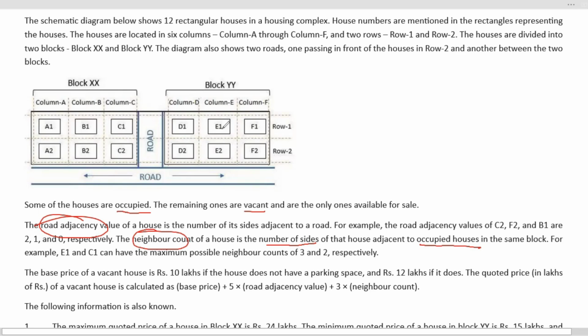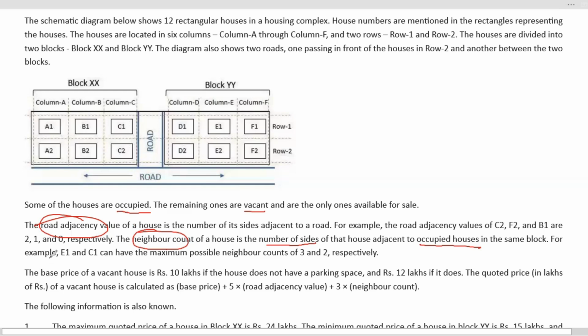Like E1, I can see the maximum will be these D1, E2 and F1. These, sidewise, are the neighbors which are occupied, maximum possible. It can be 0, it can be 1, it can be 3. Similarly, it has given another example for C1. For C1, the maximum would be 2 if they are occupied. So it depends on how many houses are occupied adjacent to it. So these are the two counts.